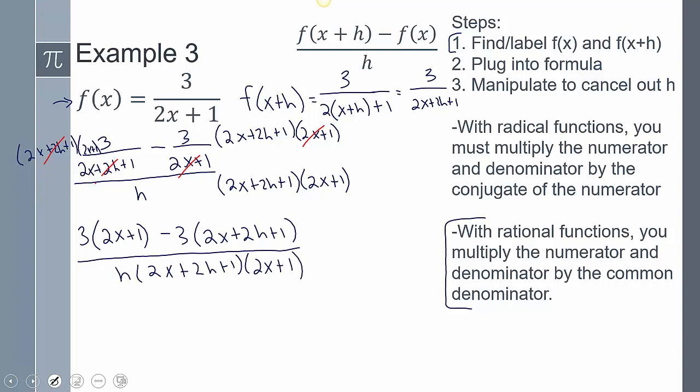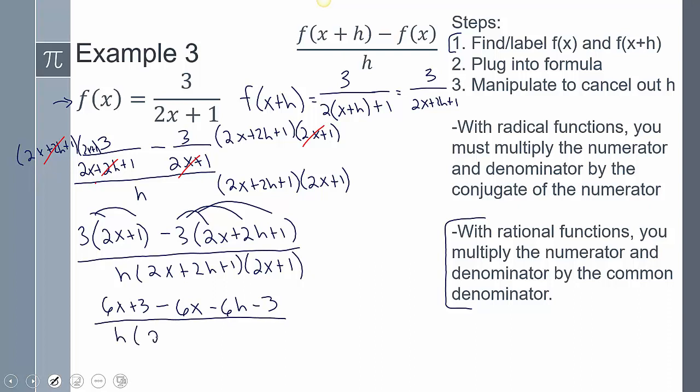So now I just need to simplify the statement so I can distribute the 3's. And so I'm going to get 6x plus 3 minus 6x minus 6h minus 3 all over h times 2x plus 2h plus 1 times 2x plus 1.